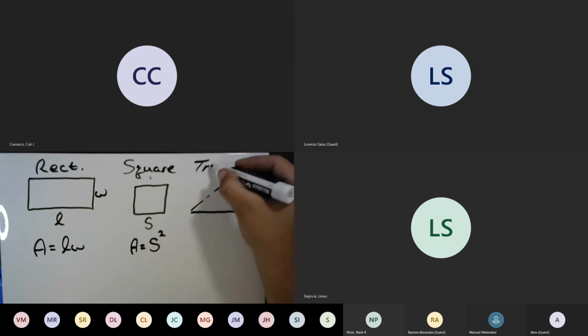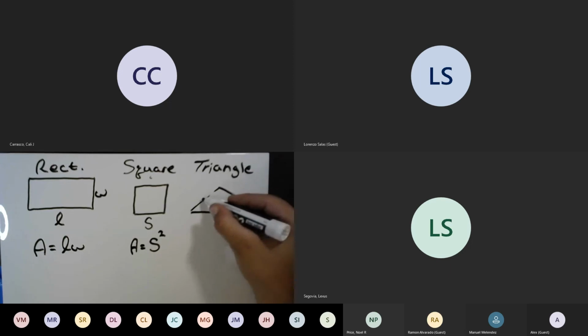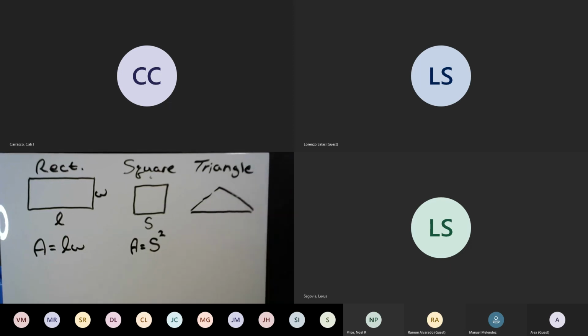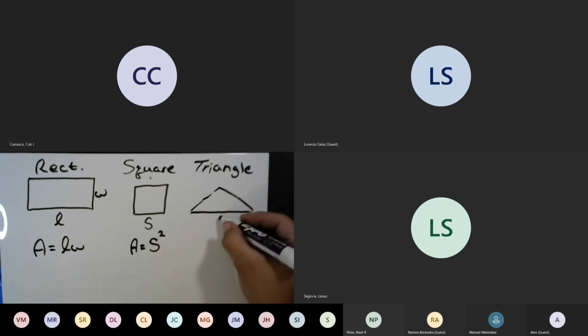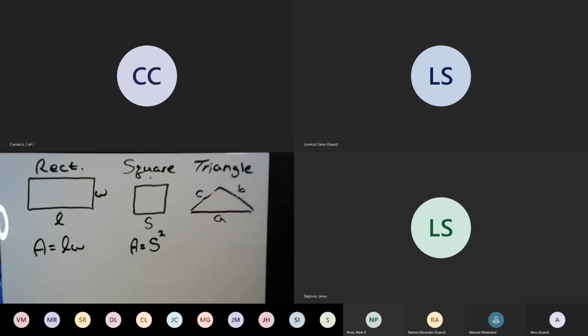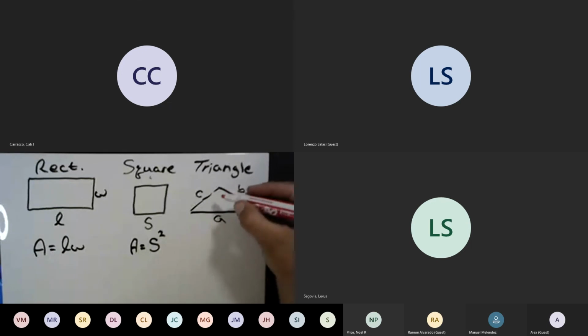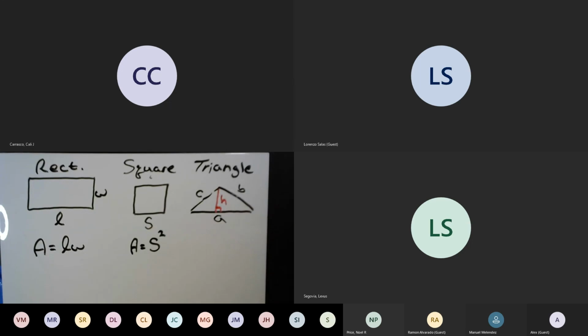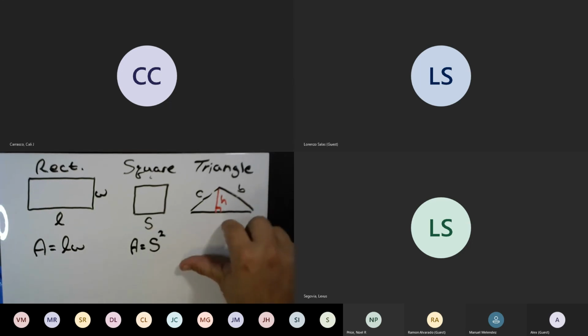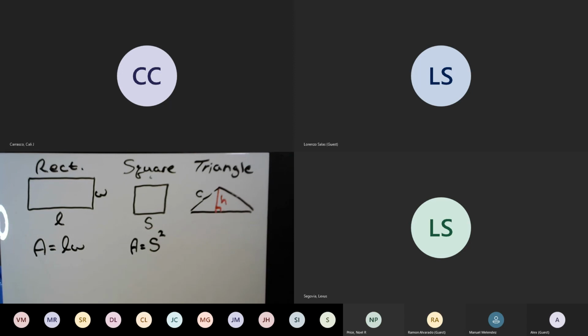And then the triangle, now this one's a little tricky. We have our sides A, B, and C, but we need one more measurement. The height, H. And usually what will happen with the triangle, we're going to relabel some sides here.